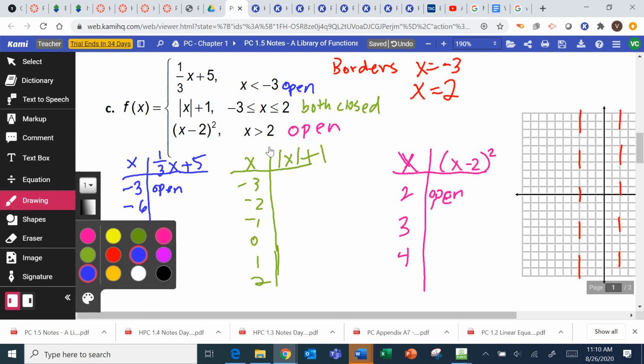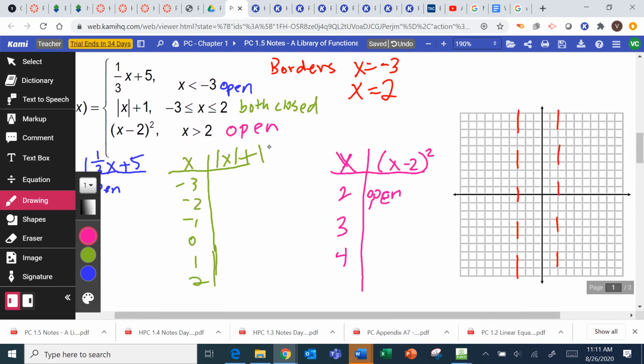Maybe I'll just start on this pink one since I was finishing there. What do we got? 2 minus 2 squared is 0. 3 minus 2 squared is 1. 4 minus 2 squared is 4.